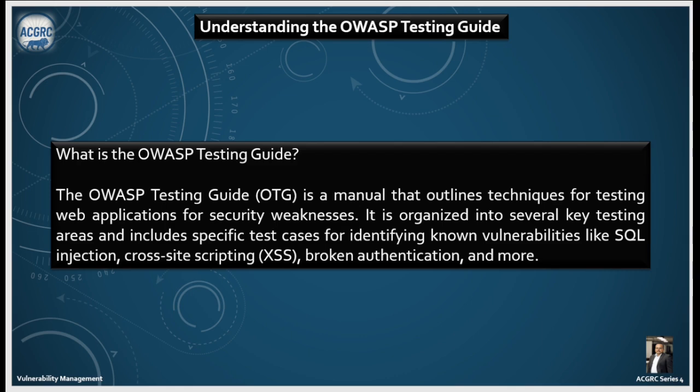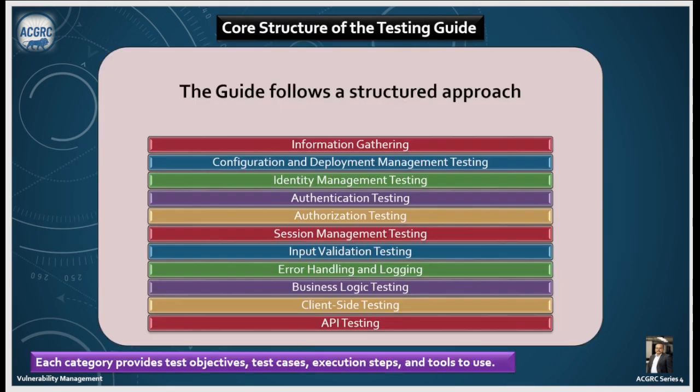In one line, if you put it up, the OWASP testing guide is like a checklist and instruction manual that helps you test web applications for security problems before attackers can exploit them. Now let's move on to the core structure of the testing guide. Well, the guide follows a structured approach.